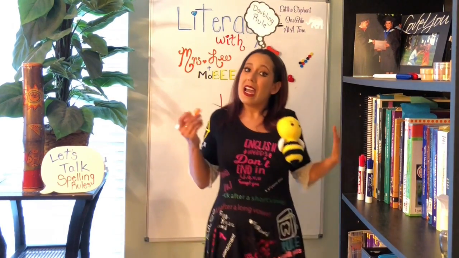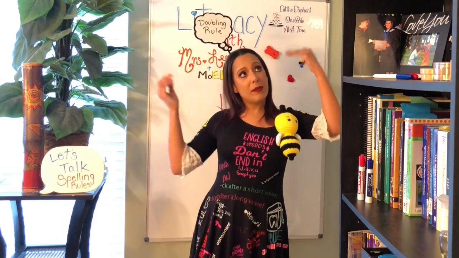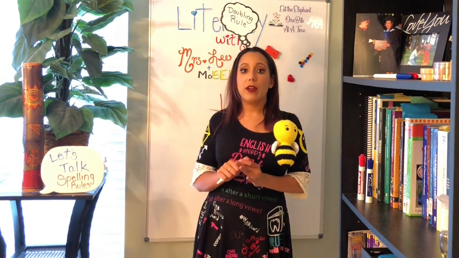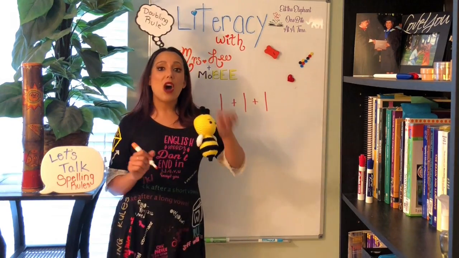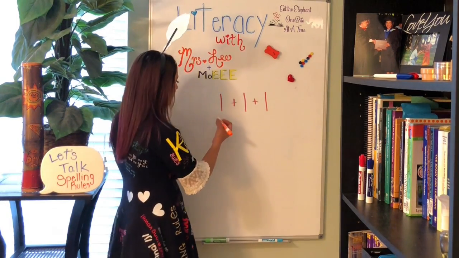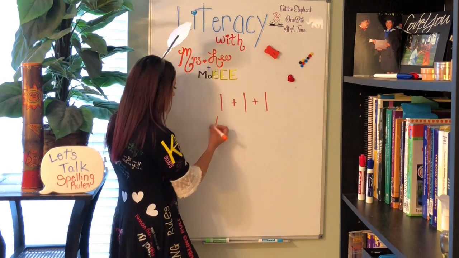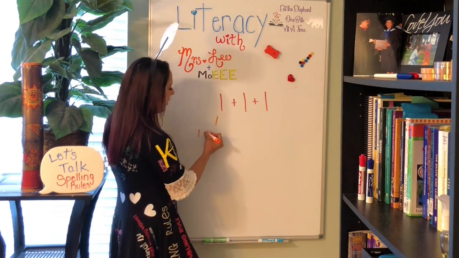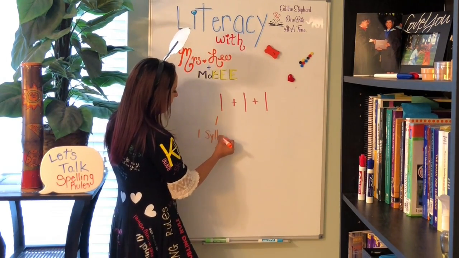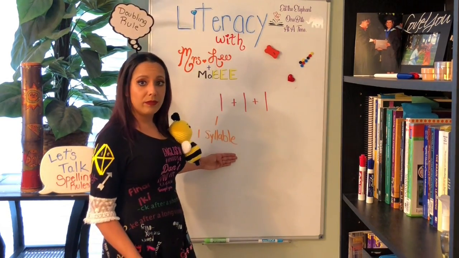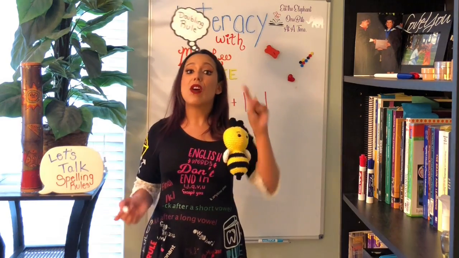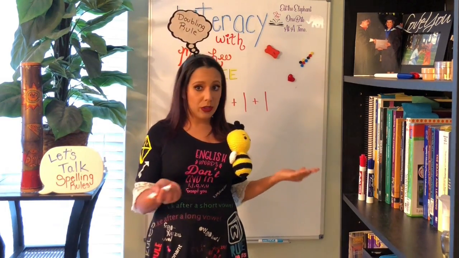So, how am I supposed to know when I'm supposed to double the word? Well, first of all, the word has to have one syllable. One syllable. It has to have one short vowel.